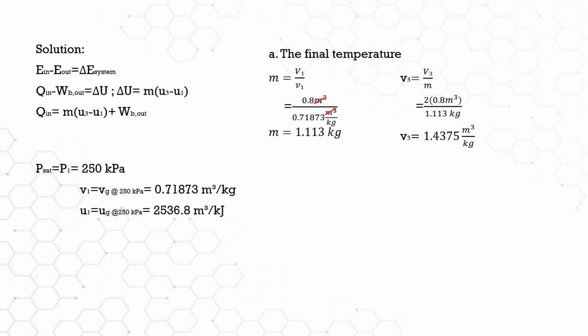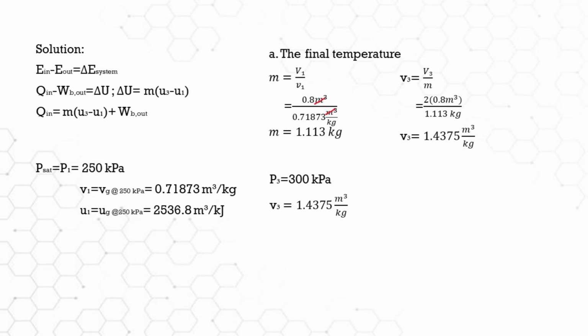From the superheated tables in table A-6 in our property table, the pressure at state 3 equals 300 kilopascals and the specific volume at state 3 equals 1.4375 cubic meter per kilogram. We can interpolate to find the temperature and internal energy at state 3.